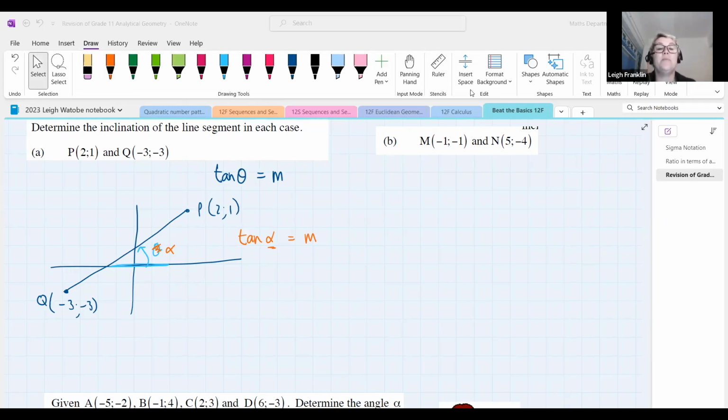Okay, very nice. Some people have already got answers. So just make sure that you calculate the gradient, that you show that, and then that you've worked out what alpha is. Okay.